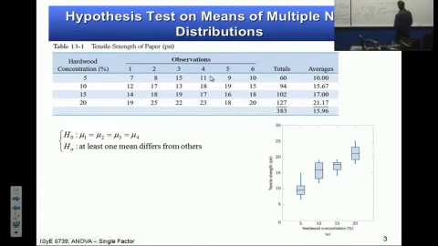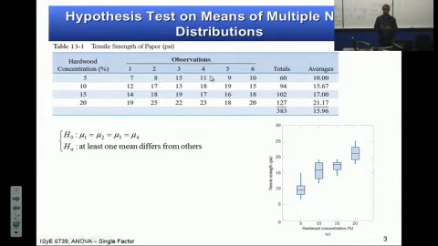Let me give you, actually I can use this example as well. So let's say you start with a hardwood concentration and you produce papers. At the beginning, you just start the machine, the production process, and you produce the first 6. But when you start the second row, producing paper for the 10% concentration, the temperature goes up because the machine has been working for a while. So over time, temperature is increasing. Okay?